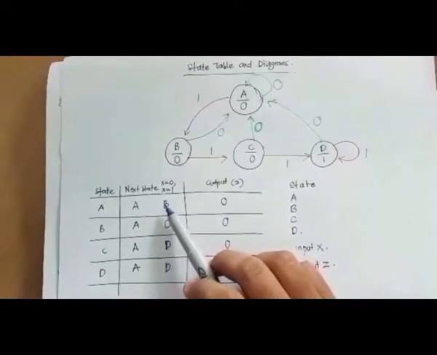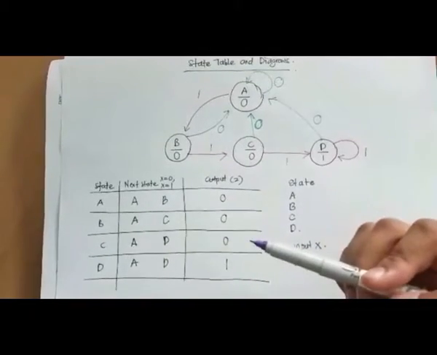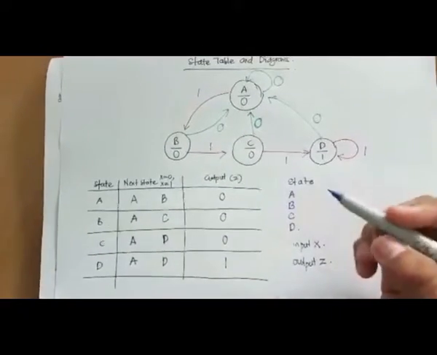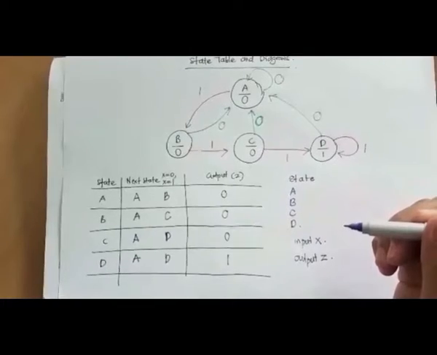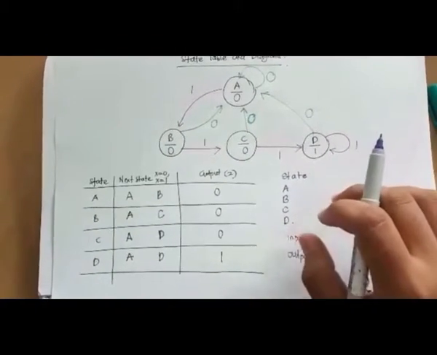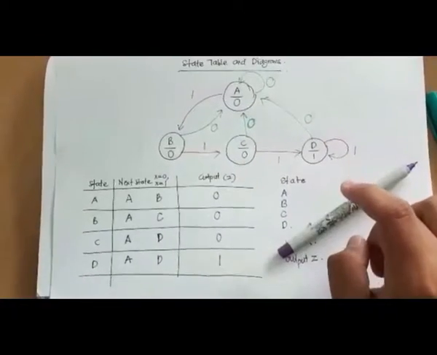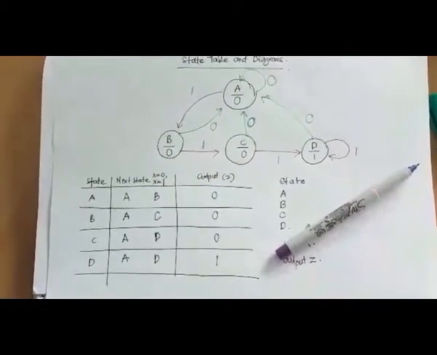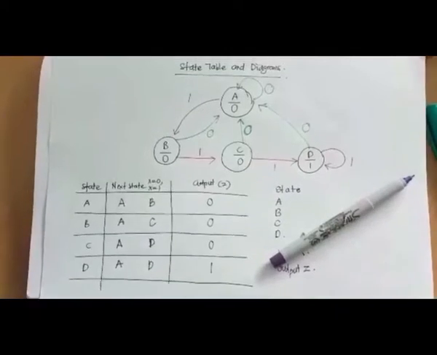As you can see from my previous lecture, there are many ways that we can figure out the input and output of this state table and state diagram. So we will proceed to the next one.